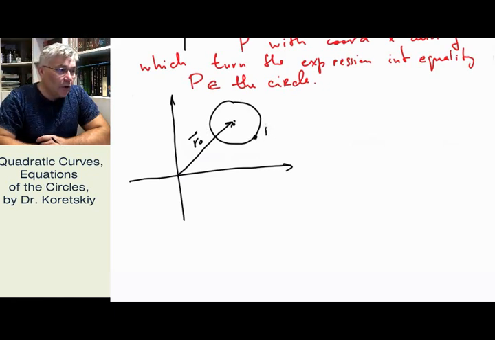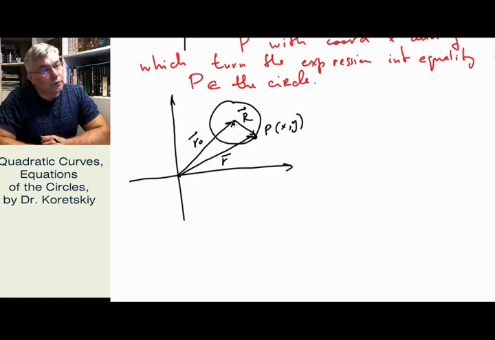If I take any arbitrary point P with radius vector r small with coordinates x, y, here I have r capital, which is the vector that joins the center point and the point on the curve.